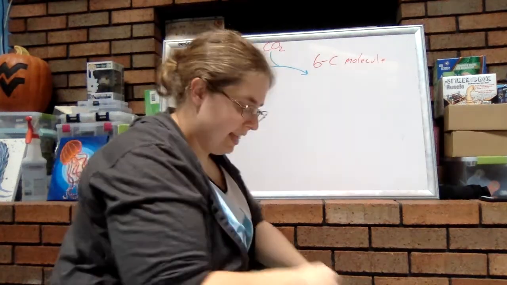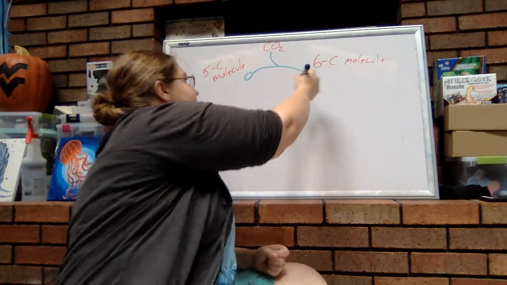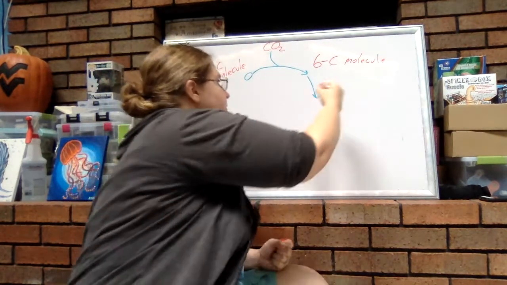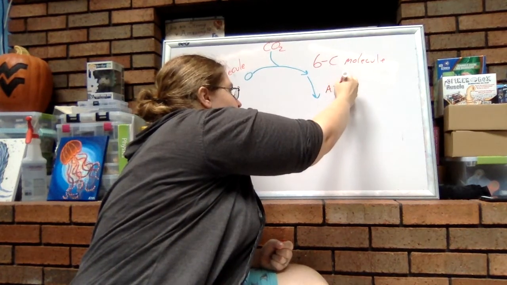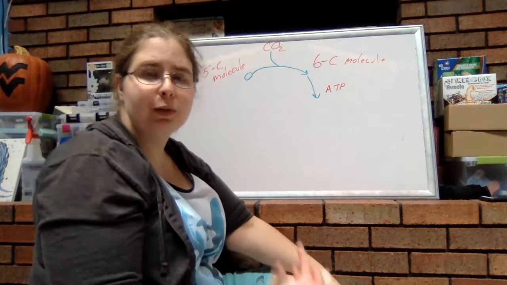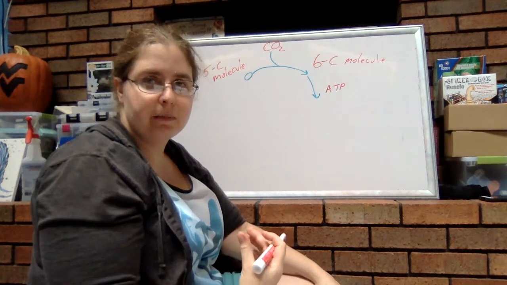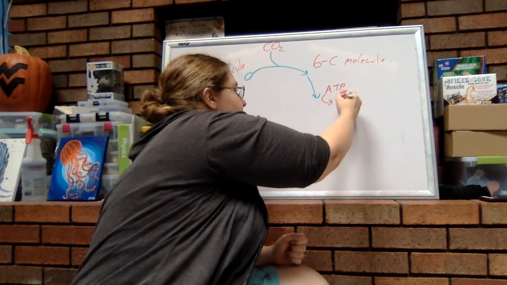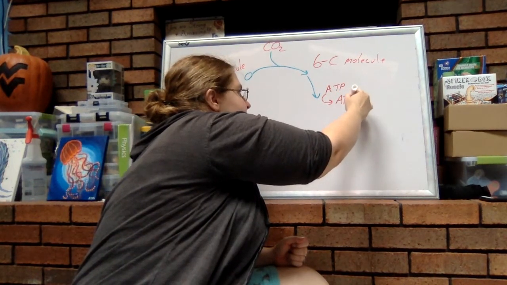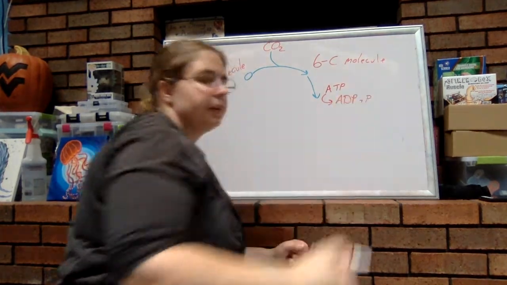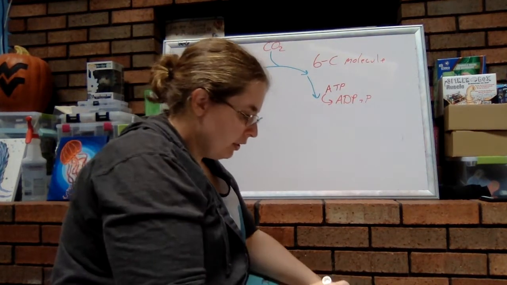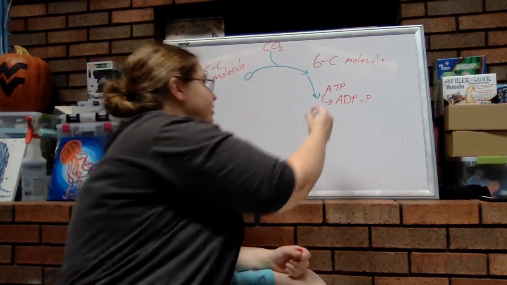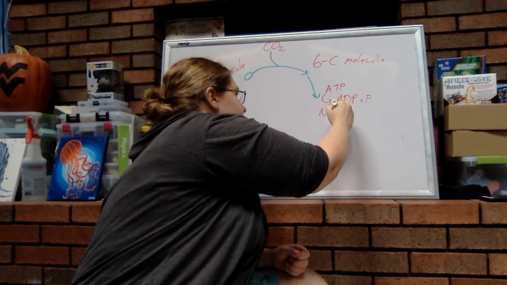All right. And then we are going to receive the energy from the ATP, and we are going to use it. Now, how we release the energy from the ATP is we break off that last phosphate, turning it back into ADP plus phosphate. We're also going to use the electrons at this point from NADPH.